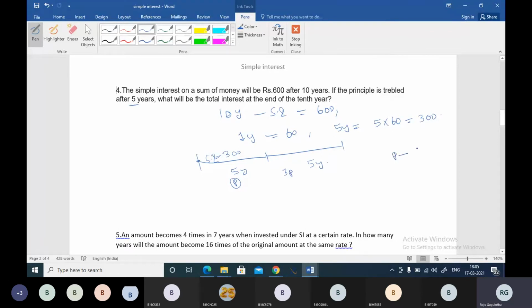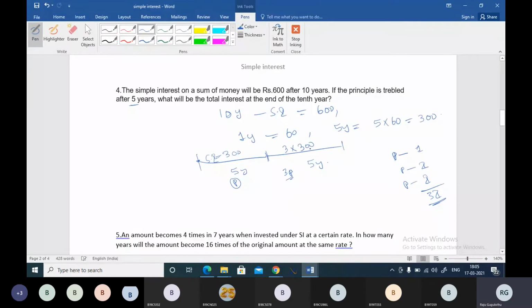Every P will be giving its interest, and another P will also be giving one interest, and another P will also be giving one interest. So a total of 3 interests will be coming for 1 year. After the first 5 years the principal is tripled, so the interest will also be tripled.